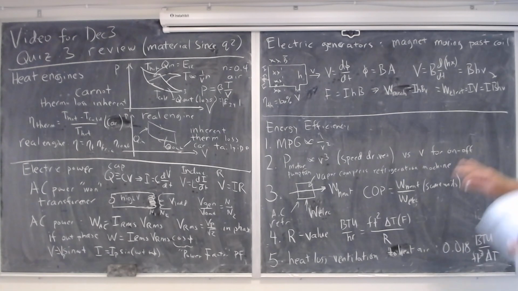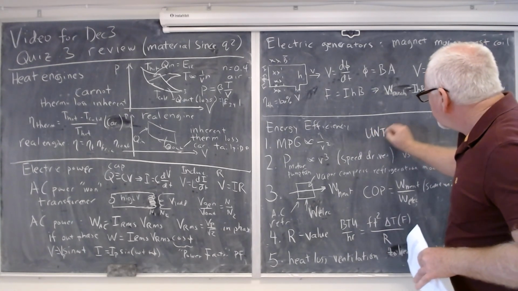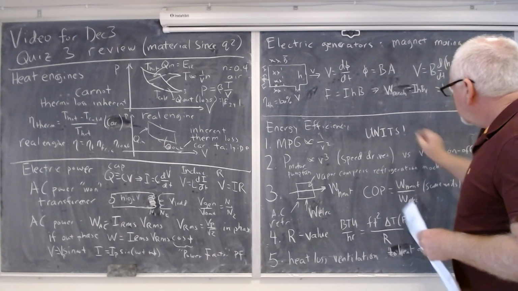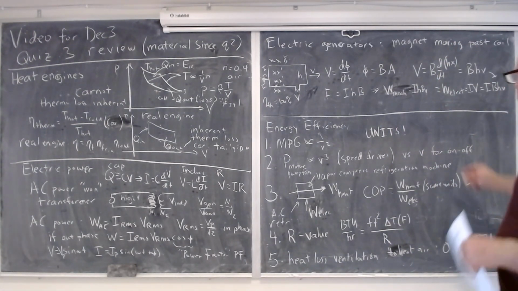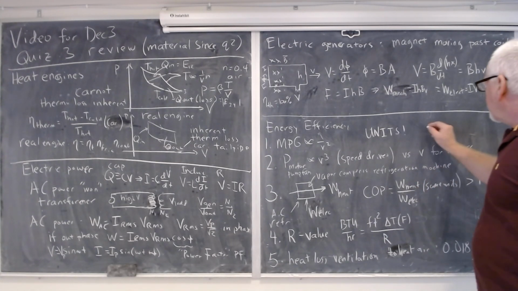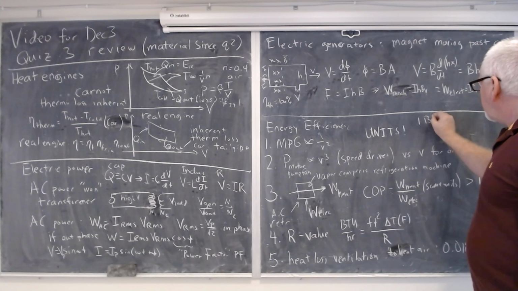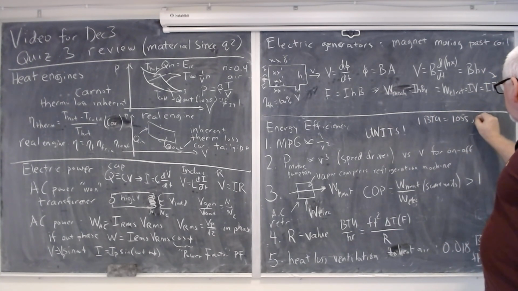In all of this, units. You don't have to memorize this, but 1 BTU is 1,055 joules.